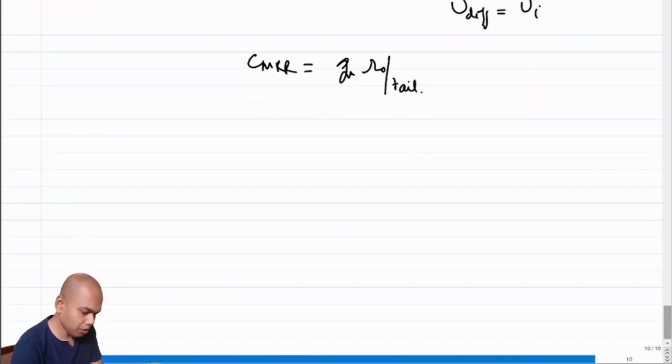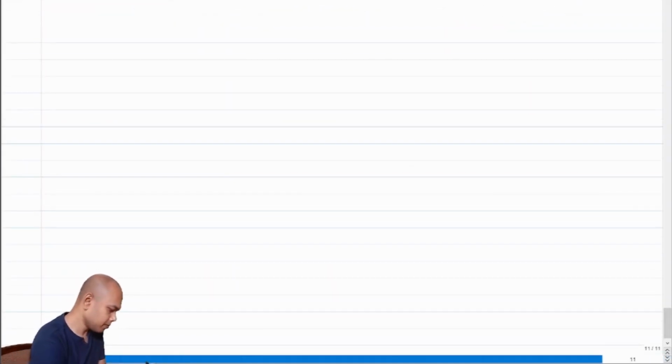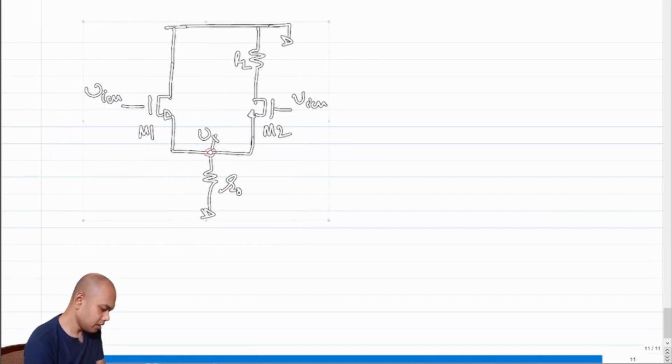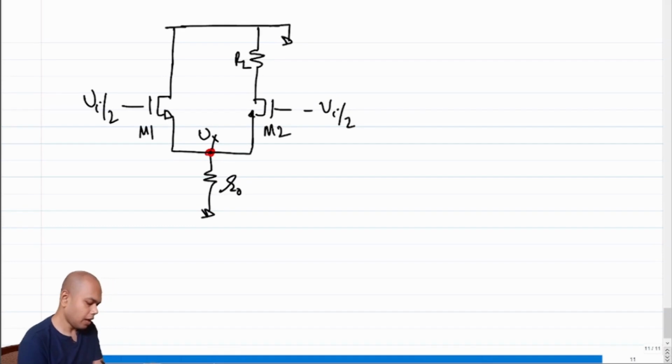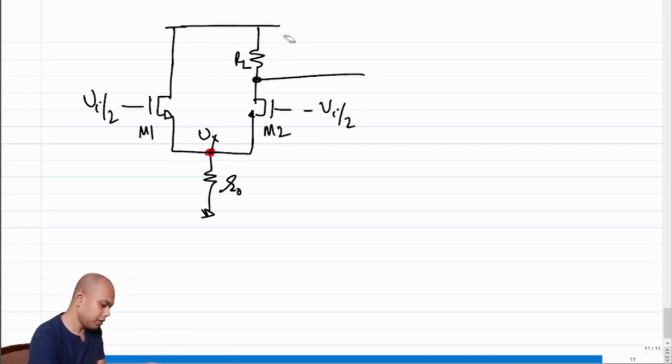So how do we go about improving our design? Let's only concentrate on differential modes for the time being. Let's say this is Vi by 2 and minus Vi by 2, and we are trying to find out what is the gain at this output node.